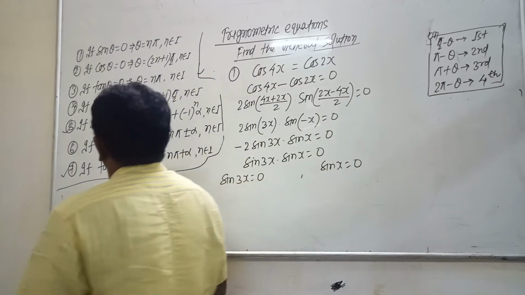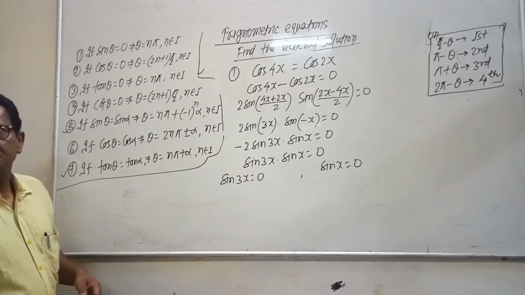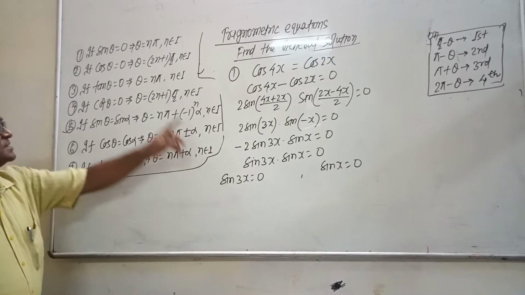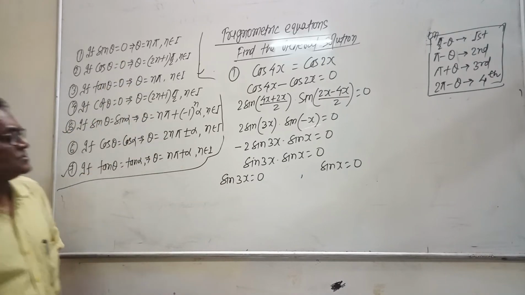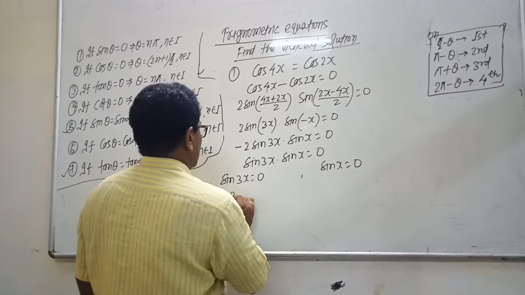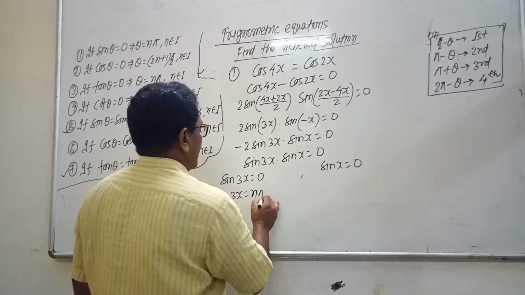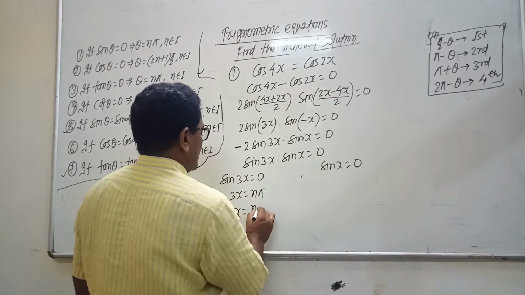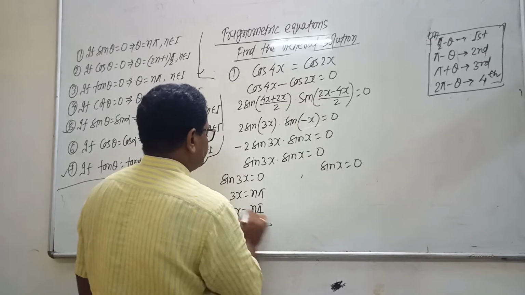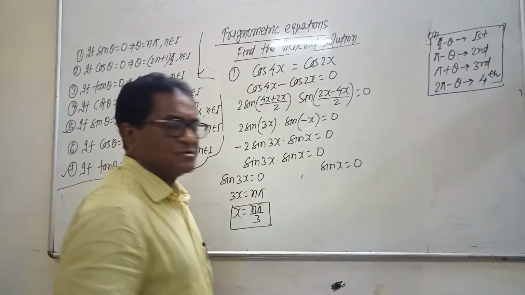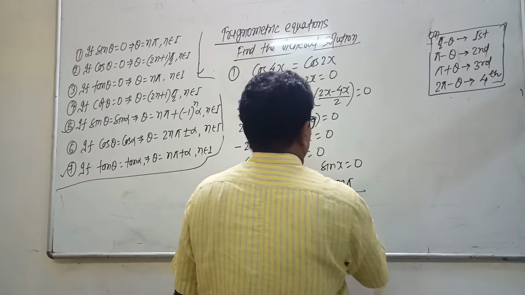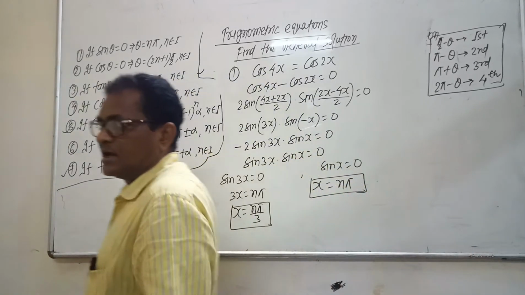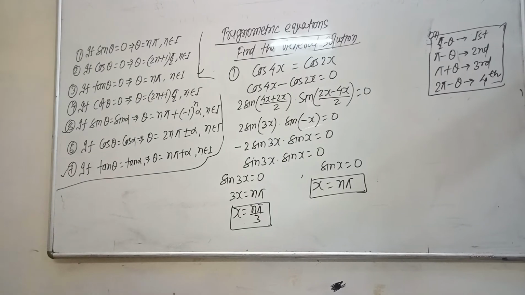Now use the formula sin theta equals to 0 when theta equals to n pi. When sin 3x equals to 0, at the place of theta there is 3x, means 3x equals to n pi and x equals to n pi by 3. When sin x equals to 0, then simply x equals to n pi. So this is the general solution of the expression.